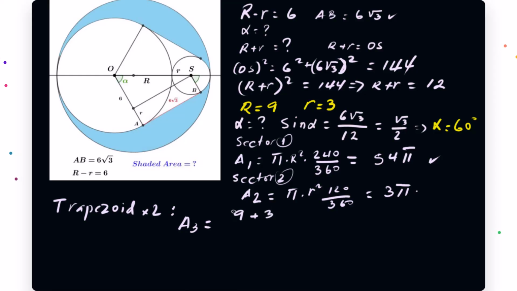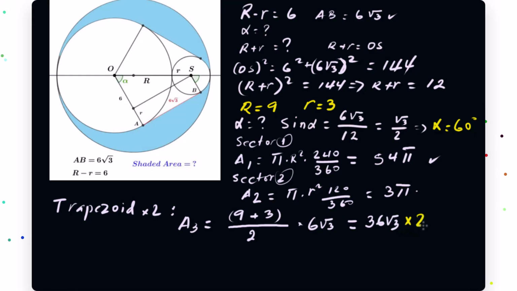So the trapezoid area is 9 plus 3 over 2 times the height here, 6√3, so that makes it 36√3. Once we have 36√3, remember it is a double trapezoid, we have to multiply it by 2, and we get 72√3.